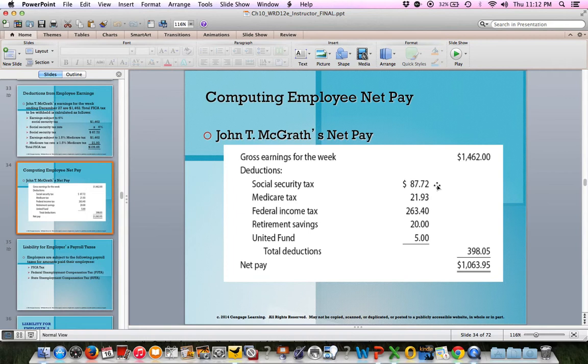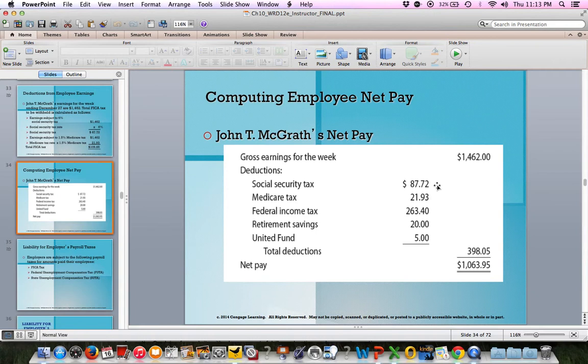Federal income tax withholding is $263.40. He's setting aside some money for retirement, and then $5 for, he says, United Fund. Just imagine charity. A lot of businesses have United Way or somebody come in and offer to do payroll withdrawals to make those payments. So total deductions then $398. His net pay is $1,063.